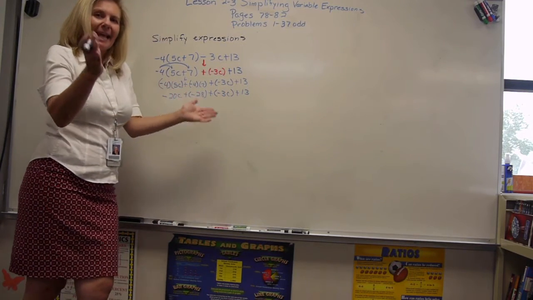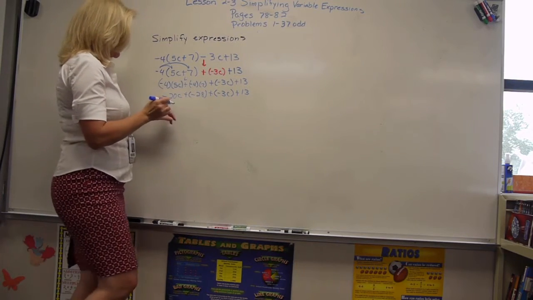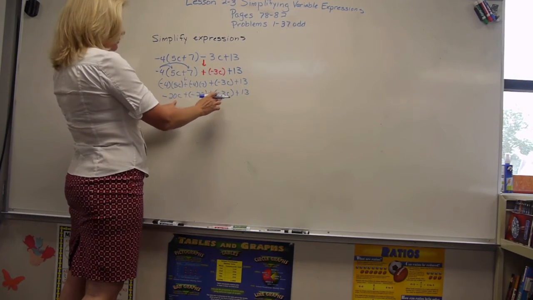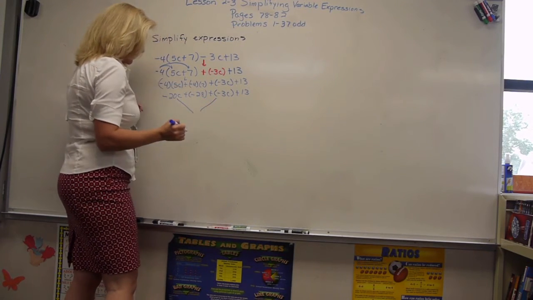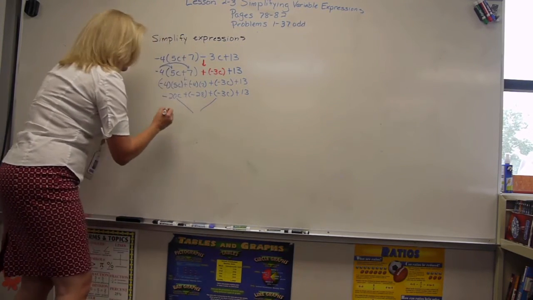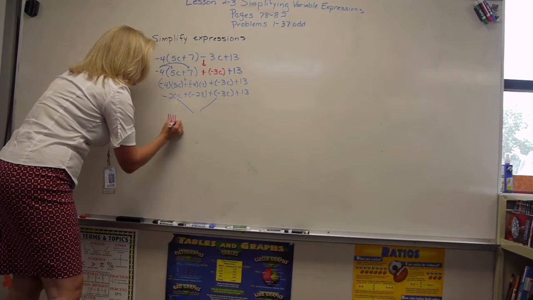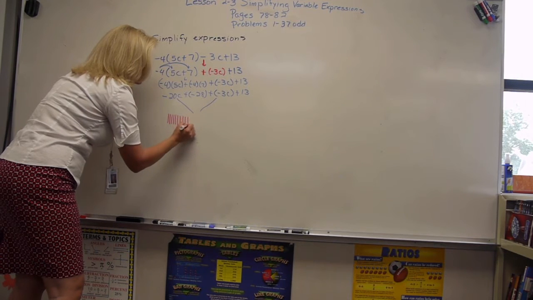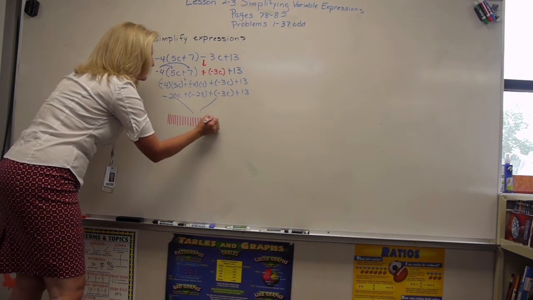Now, this is where I gather my like terms, and I'm always going to start with that variable. So I see negative 20c's and negative 3c's. Those two I can pull together. So when I think of negative 20c's, I think of 1, 2, 3, up to 20.